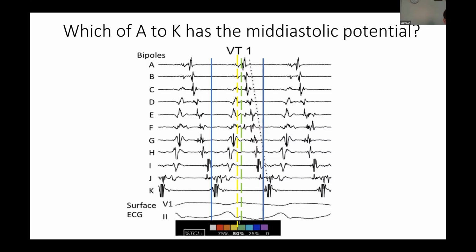But if it brings a long stimulus to QRS, then if you really get into the circuit, it will be relatively long. This one is very short, because the EGM to the onset of QRS is short, right? Because this is the EGM located closer to the exit.